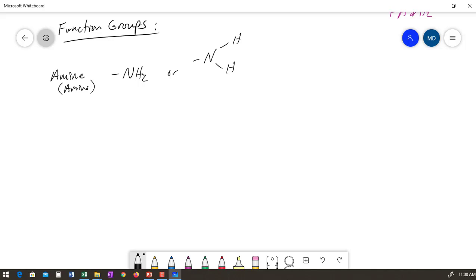This is also NH2. Next is a carboxyl group. Carboxyl group can be denoted as COOH. It also has a secondary denotation as COO minus if you take the hydrogen off of it. Or you can draw it in its long form like this.